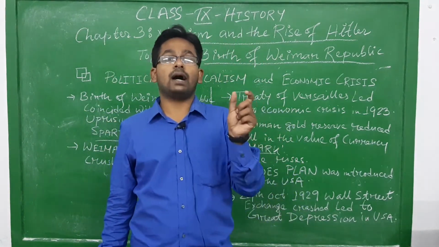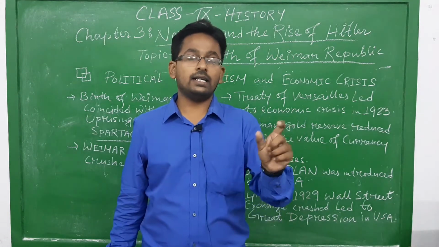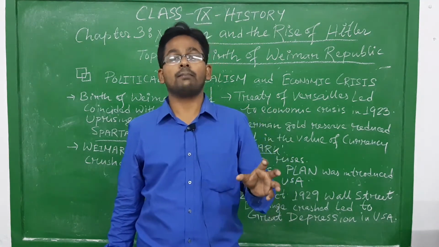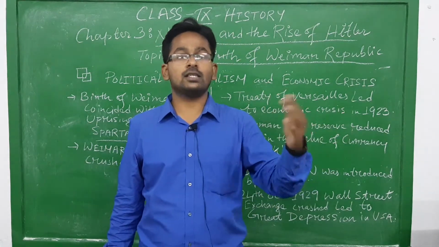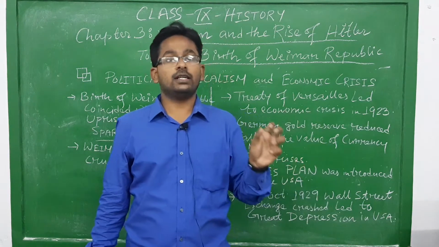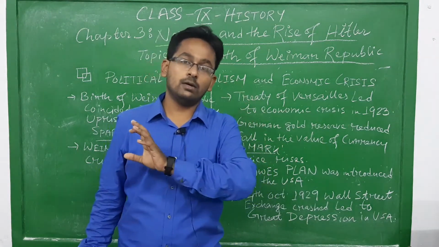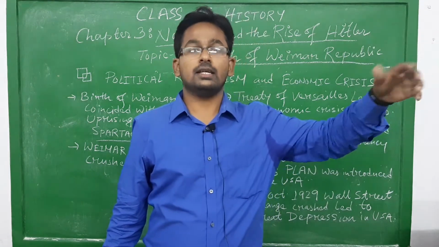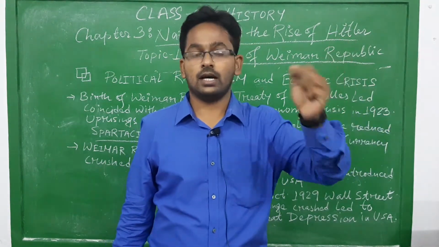The Spartacist League is a political party, and that party was led by socialist communists. This party was established just after the success of the Russian Revolution, and they wanted the same type of situation that happened in Russia just after the abdication of Tsar Nicholas II.